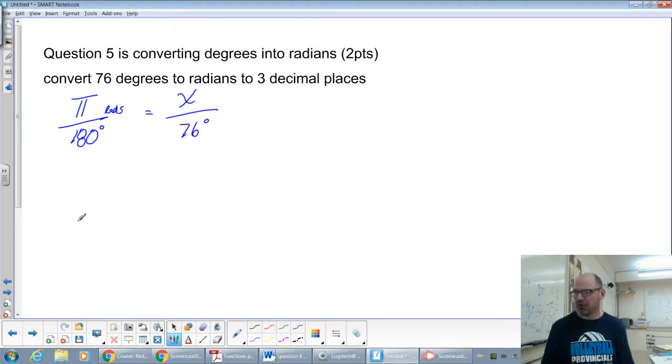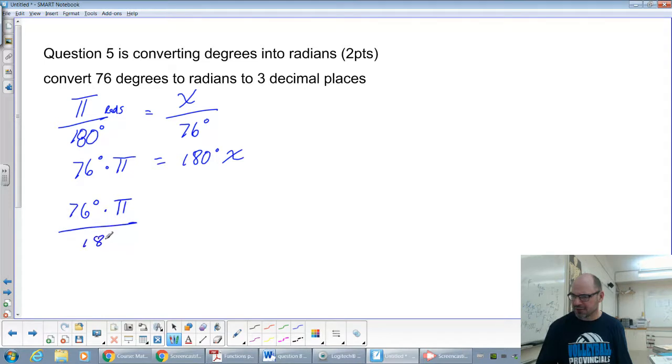Then we simply do a cross multiplication here. So 76 degrees times pi is equal to 180 degrees times x. Okay, so then we can take 76 degrees times pi divided by 180 degrees. It's going to give us x. Degrees will cancel out, we're left with radians.